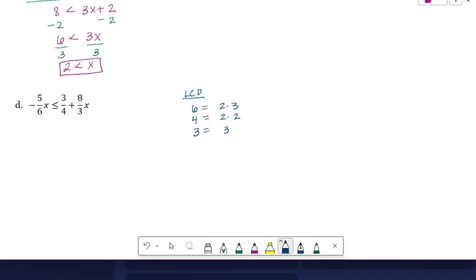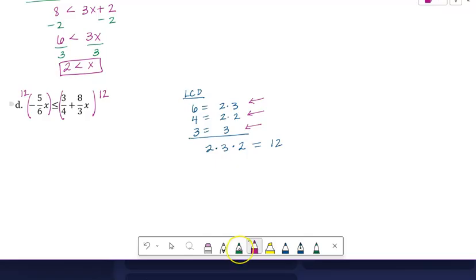So it looks like I need a 2 and a 3 for the 6. 3 will be already included in that. But here I need to have two 2's, so I need another 2 here. Looks like my least common denominator is 12. So as a very first step, I'm going to multiply both sides by 12.